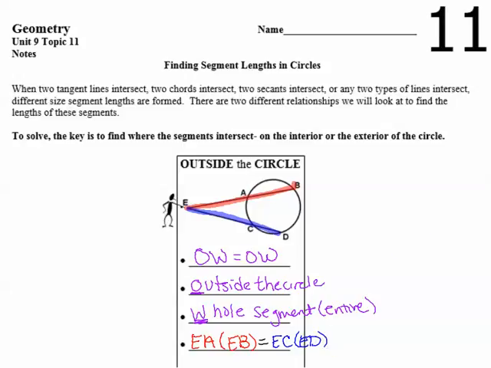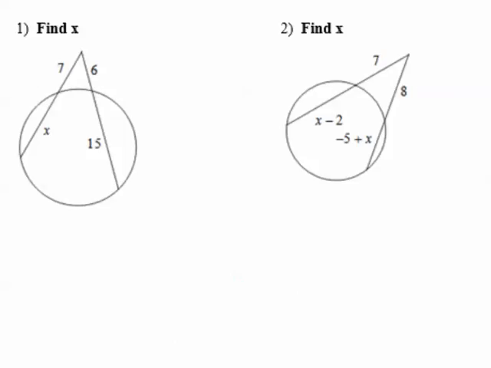So now let's look at some practice problems. If I look at the first practice problem, what I see, and I'm going to highlight, once again, you can tell I like color coding. Here is my red segment, and here is my blue segment. So in looking at the red segment, if I set it up, the part outside the circle is the 7.